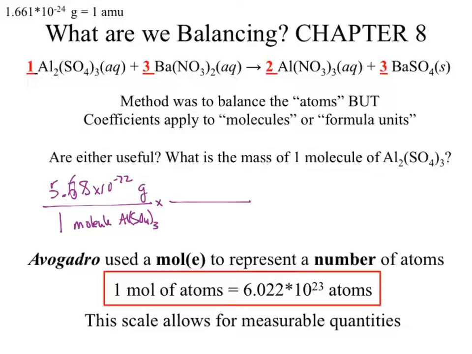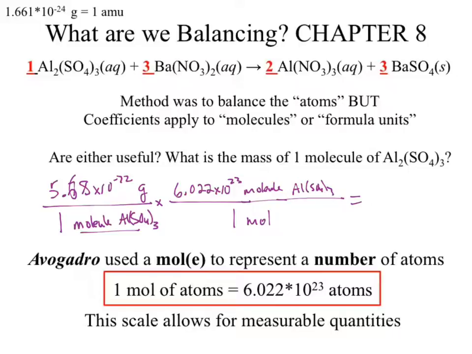So I want my units of molecules to cancel, so I'm going to do 6.022 times 10 to the 23rd molecules. I'm going to stop writing out molecules here in a little bit. Aluminum sulfate is 1 mole. So now instead of measuring out one molecule, I'm going to measure out a massive amount of molecules, but I'm going to call that a mole.